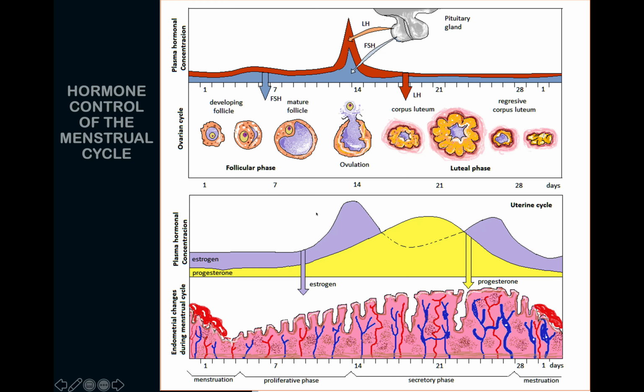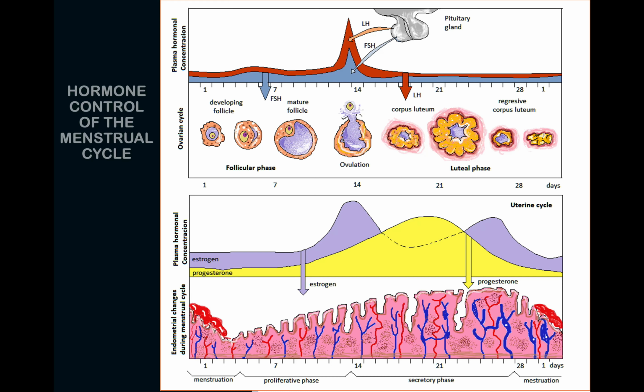And when the estrogen level started to increase, this rising level of the estrogen inhibited the release of FSH by the pituitary gland. And what happened when this took place? It prevented the development of further follicles in the ovary.